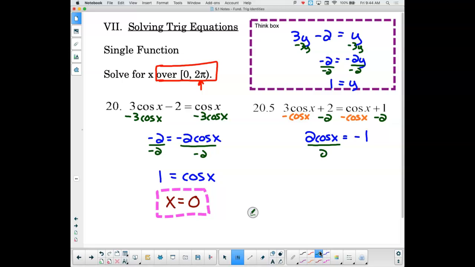Then I would divide both sides by 2, and that gives me cosine of x equals negative 1/2. And then I would ask myself, where on the unit circle is cosine negative 1/2? And I would say 2 pi over 3 and 4 pi over 3.